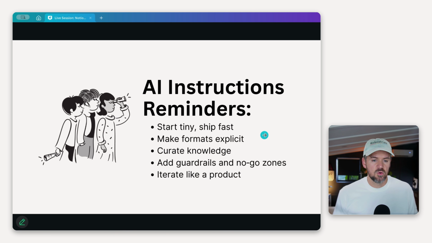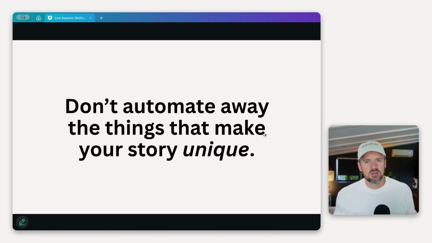And also for formatting and how we want the output, be as explicit as possible. Curating really just has to do with what pages or databases we are giving it access to, and in some cases you might want to add some context as to what lives in those databases. So things to keep in mind there.